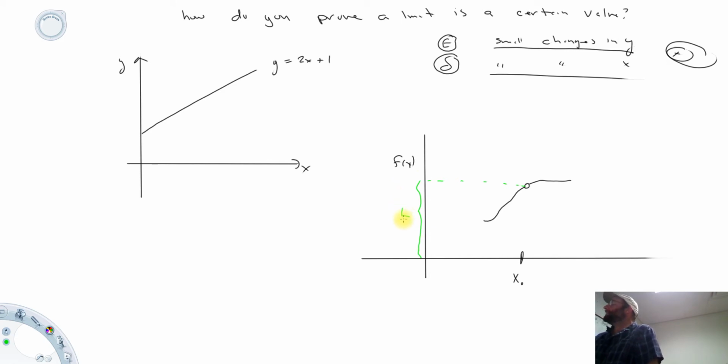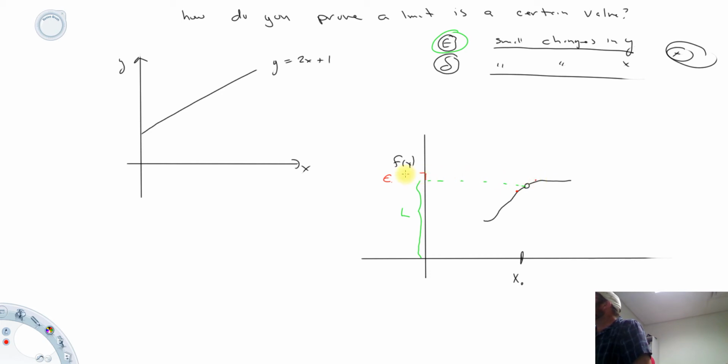The idea is to show that, and let me back up. Think of the epsilon as a challenge, okay? And imagine somebody challenges you to get arbitrarily close to this value here. And what that means is this: if I pick a small value vertically, and we're going to call that value epsilon, and we look at like here and here.